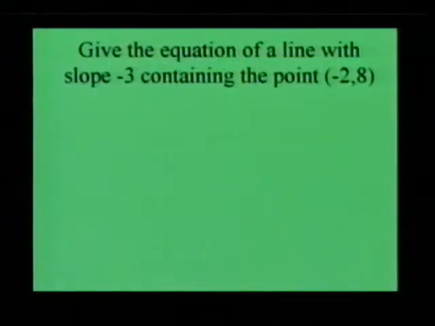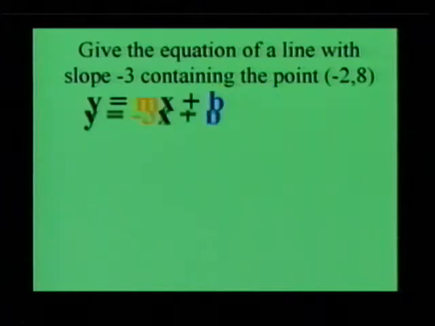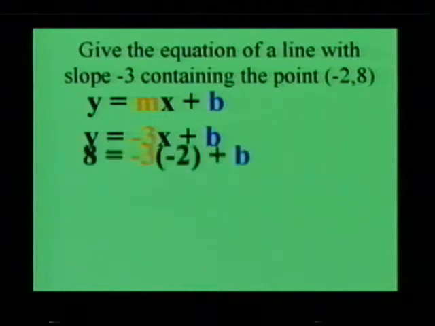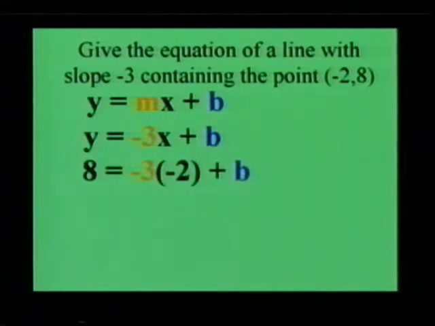Give the equation of a line with a very similar problem. Let's just do another one. Give the equation of a line with slope -3 containing the point -2, 8. Don't let these negatives make you nervous. So we'll put that -3 right in for the slope. Now all I got to do is figure out what the y-intercept, or b, is. We have this hint that the point -2, 8 fits in. So let's put in -2 instead of x and 8 instead of y.